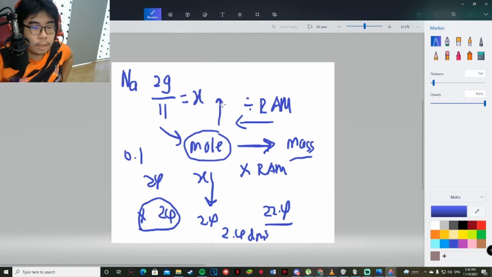Done with volume, the next one is number of atoms, or number of particles, or number of ions.